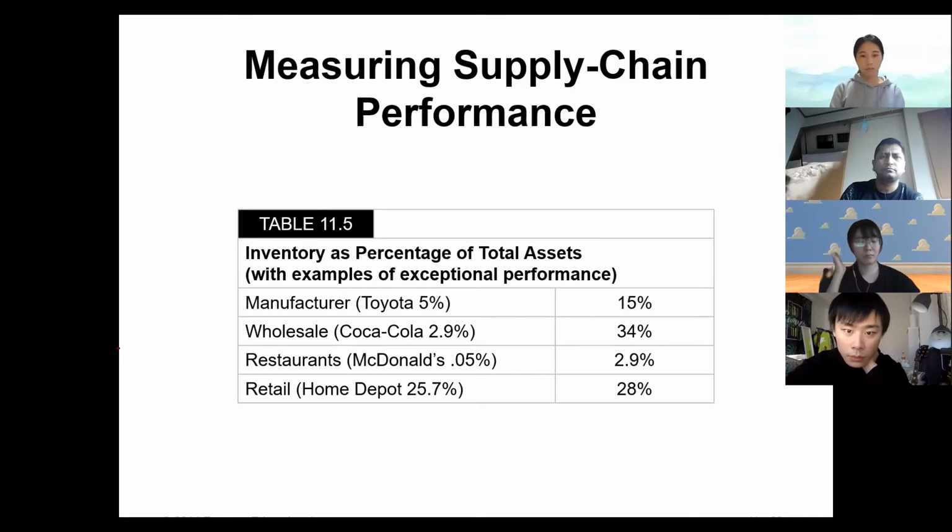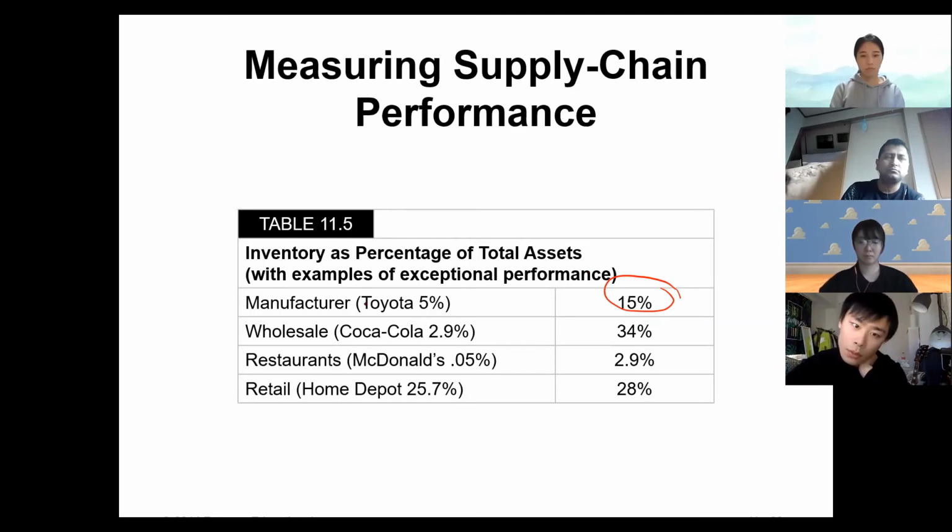If you look at the industry standards, in manufacturing, the average is 15% inventory as a percentage of total assets. That means in most of manufacturing, at least 15% of total assets is inventory.